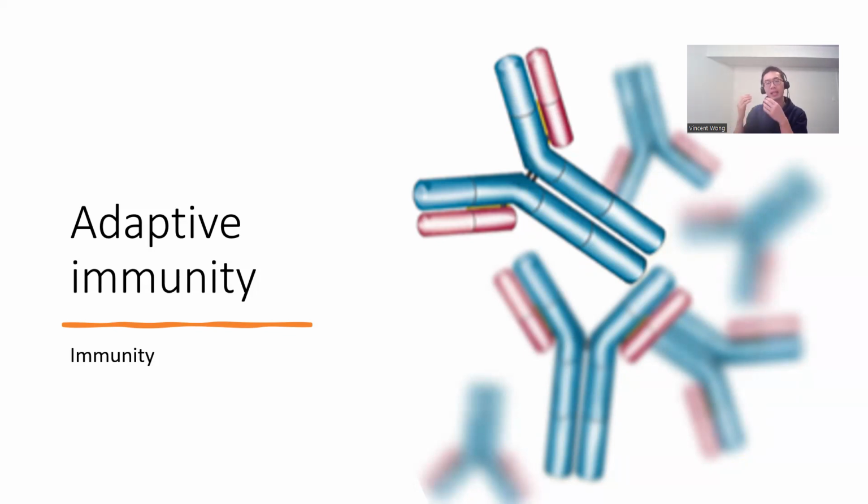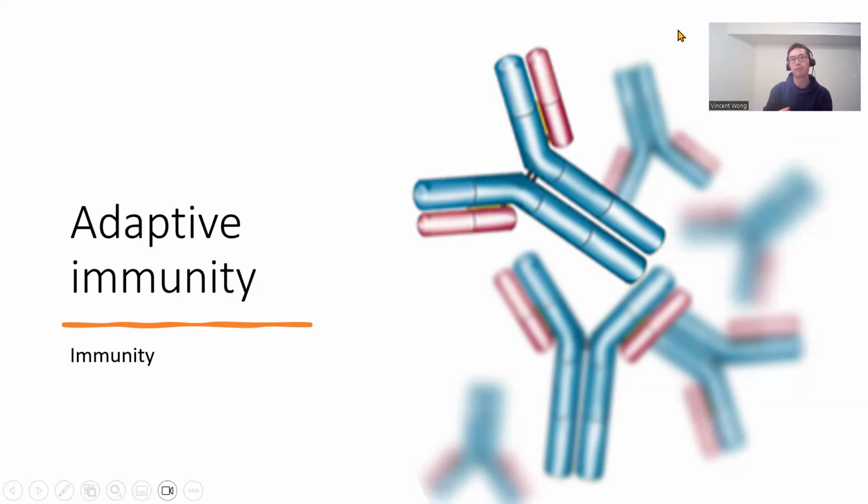But adaptive immunity requires exposure. You are not going to be able to turn it on until you encounter something foreign. That's why it's not the same throughout your lifetime. It's able to evolve, and it's something that you have to acquire.